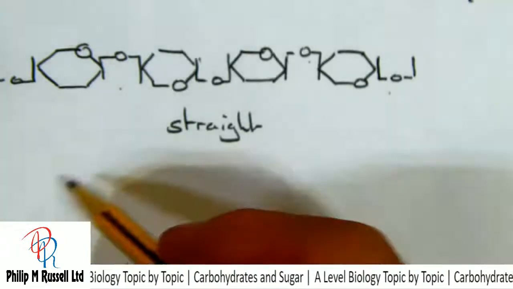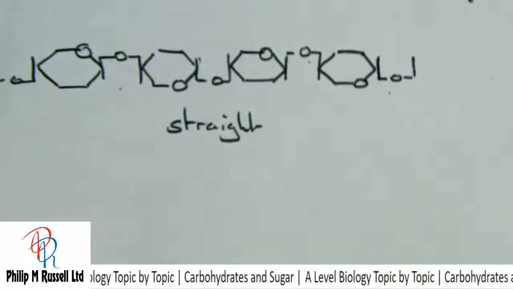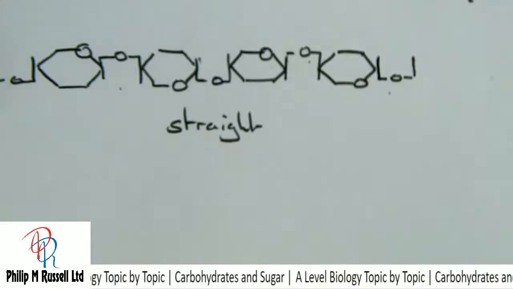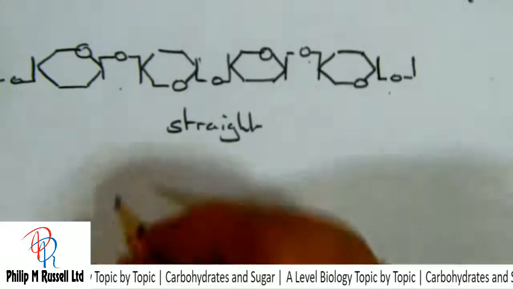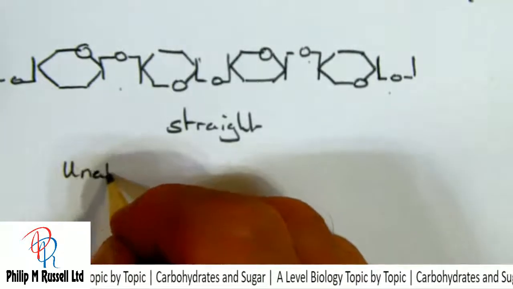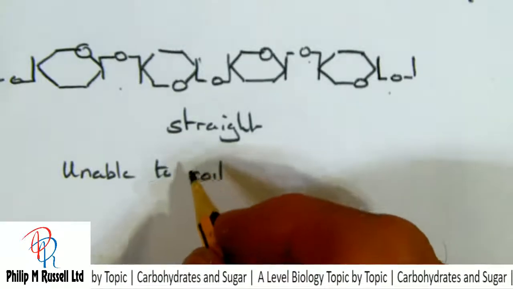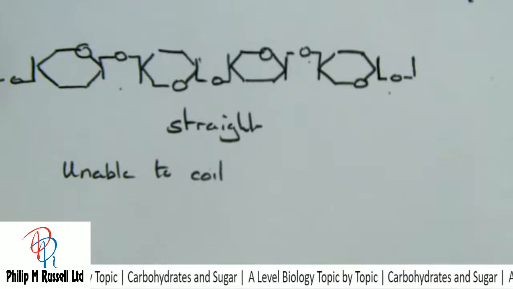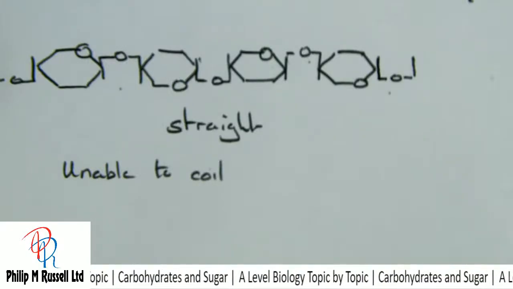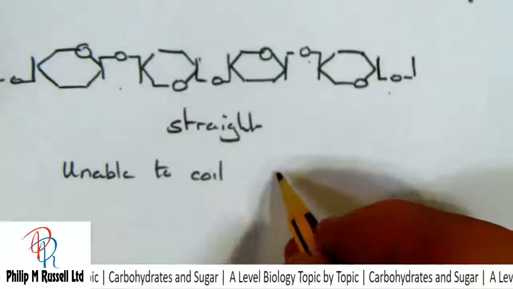So the amylose made a spiral, whereas this is unable to coil. And it's also unable to form branches.